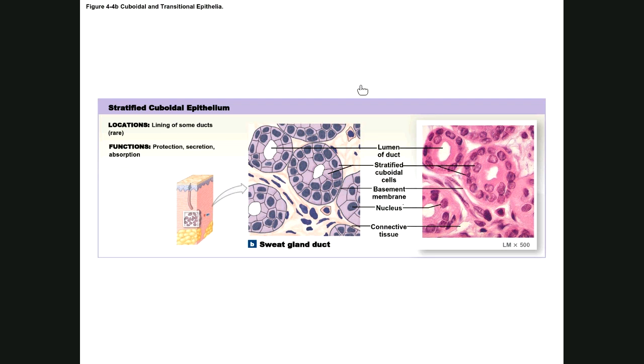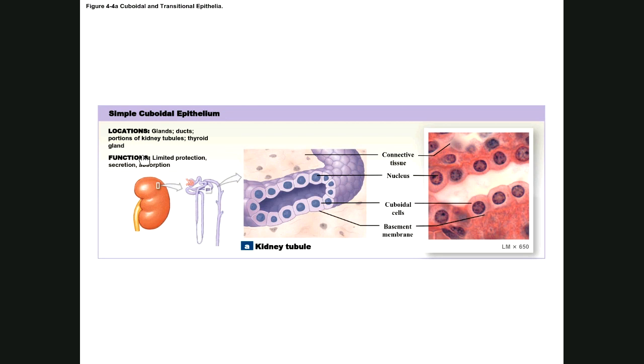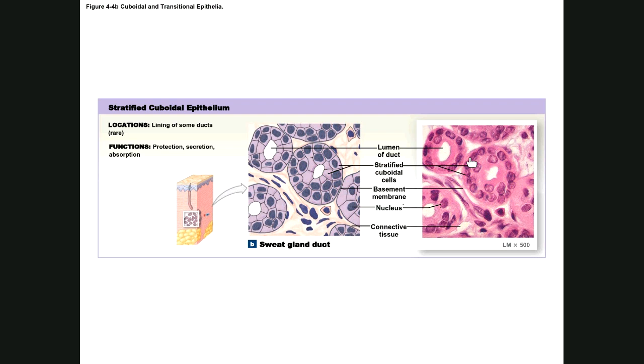Thyroid gland. Now, the thyroid gland is an endocrine gland. It secretes T3 or T4, which regulate metabolism. Stratified cuboidal is more like the mammary gland or the sweat gland.